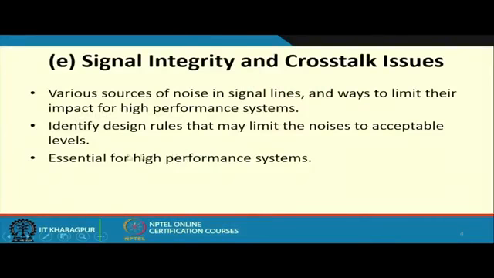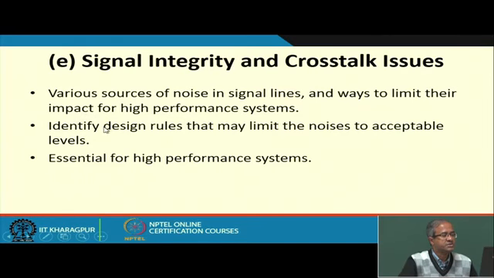So, typically design rules are used which are quite conservative, but the advantage is that if you follow these design rules, your final design is expected to be free from this kind of problems. Design rule means you can say that the minimum separation of the line should be this. So, in all the lines that you are laying out, you make sure that the minimum separation should be this.